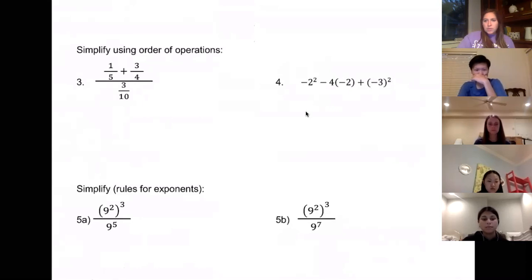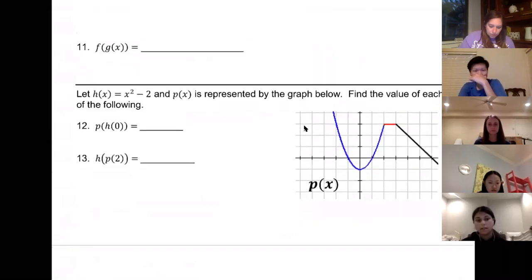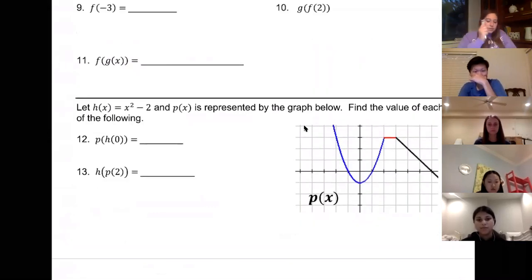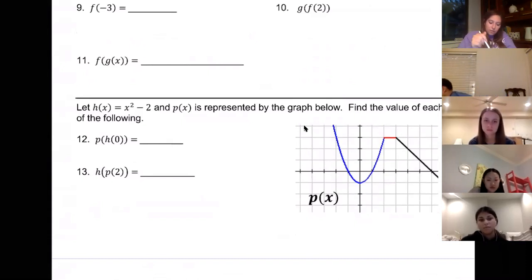What numbers were they? 12 and 13. It's the last question. So it says, let h of x equal x squared minus 2 and p of x represent the graph below. Find the value of each of the following. And then it has p of h of 0.